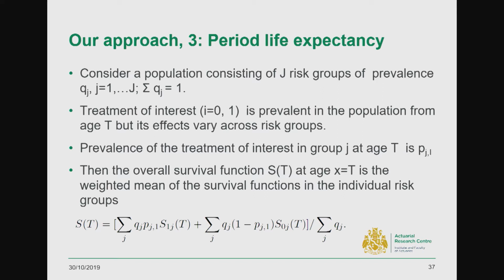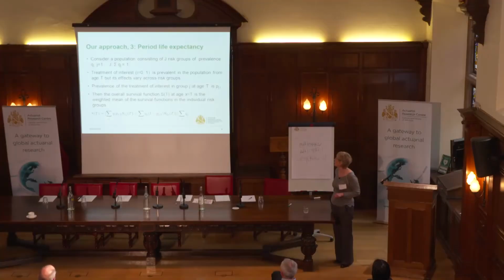So at each risk group, the uptake of treatment may differ, and we will denote this prevalence of treatment as P_ji. So P_ji is the prevalence of treatment i in risk group j.